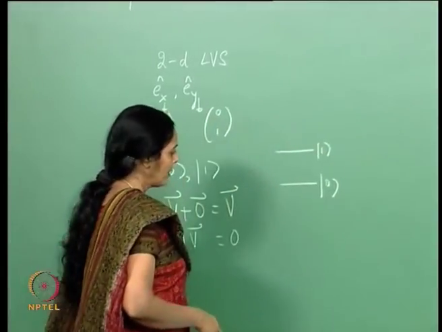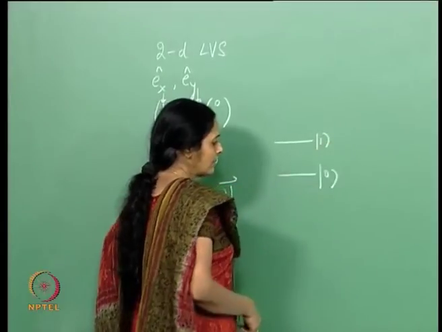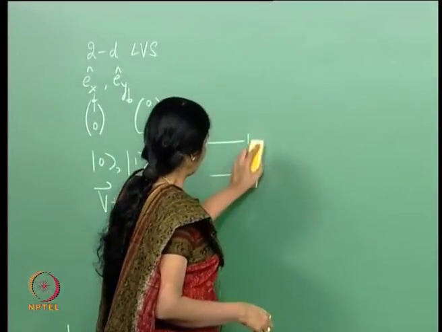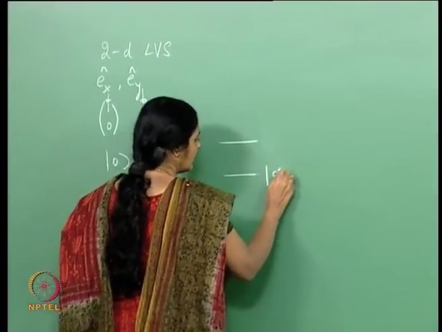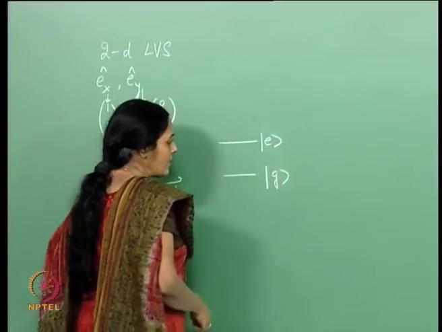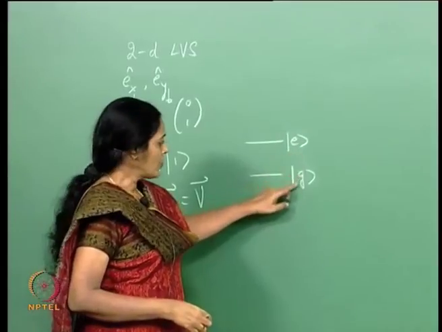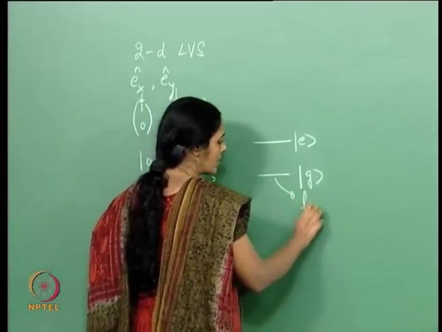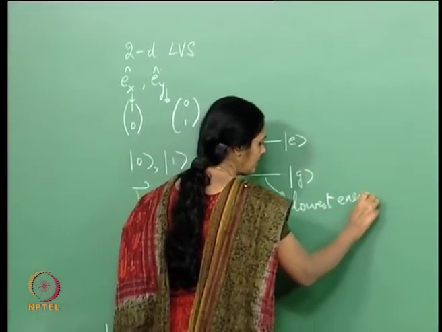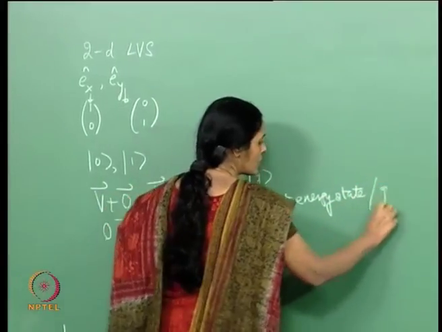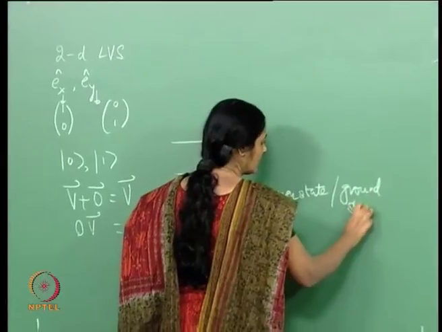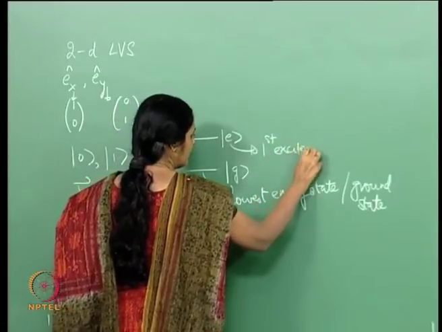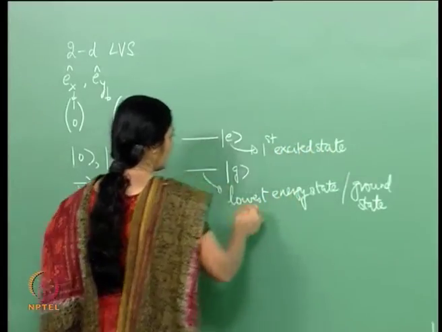I could refer to them as ket 0 and ket 1, or in the parlance of atomic physics, they are usually referred to as ket G and ket E. G and E are merely symbols denoting that this is the lowest energy state of the atom, or the ground state, and this is the first excited state of the atom, and that is why the symbol E.